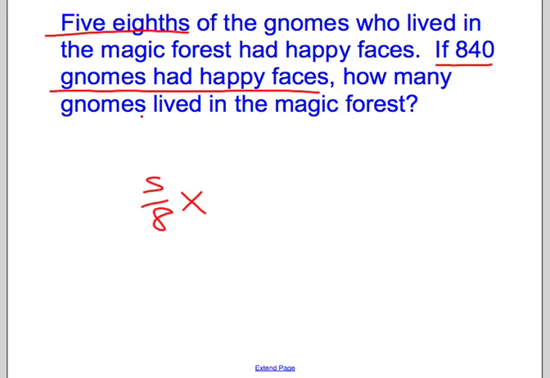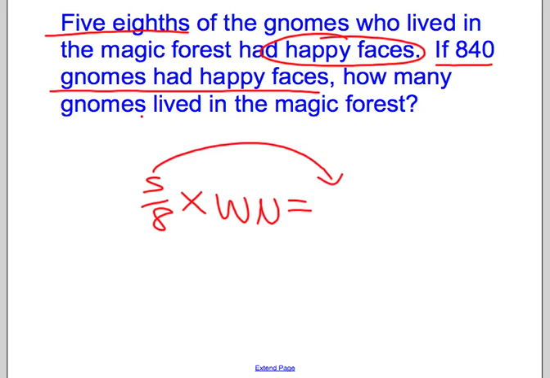We're looking for the total number of gnomes that live in the magic forest. Now 5/8 represented the number that had happy faces. So our part, or our "is," has to be the number of happy faces. Okay, and that is the number we're given. 840 have happy faces, so those go in those opposite locations.